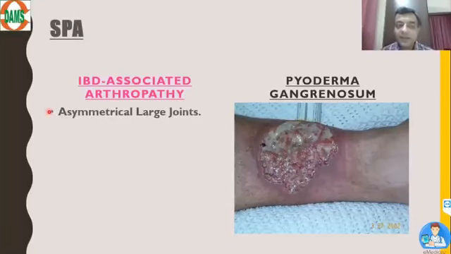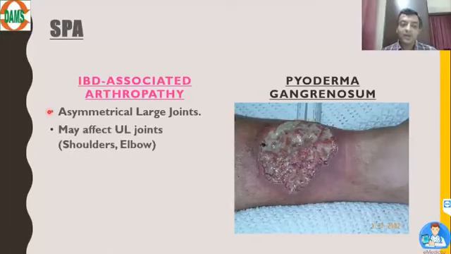What is the pattern? Remember from the approach table yesterday. We are just combining yesterday's and today's knowledge together. So what is it? Asymmetrical large joint involvement, but it can affect the upper limb joints. If you remember, asymmetrical has two causes: IBD or reactive.